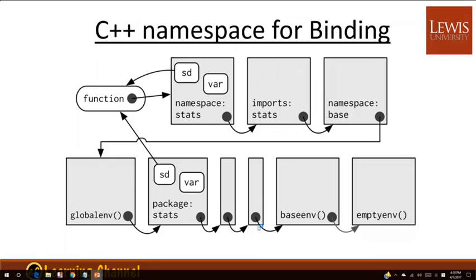Then they may have several different packages on top of this. And then they have a base environment. Then finally they have the empty environment on top. So this actually forms a chain of environment settings for namespaces.